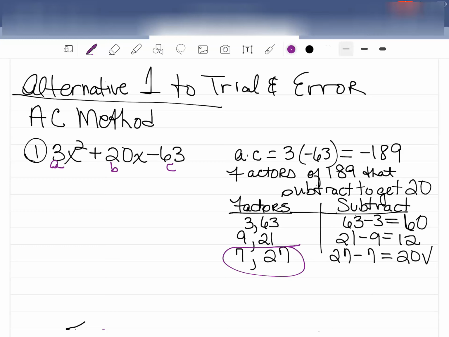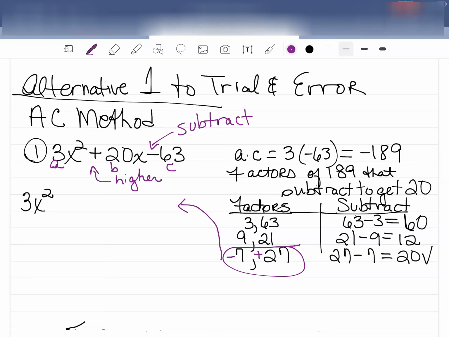Once we identify that we need the 7 and 27, we do a rewrite. Now I need to check my signs. Sign in front of the second term is a plus. That's what we need for this subtraction part. It's going to be a plus 27 with a minus 7 to give me that positive 20.